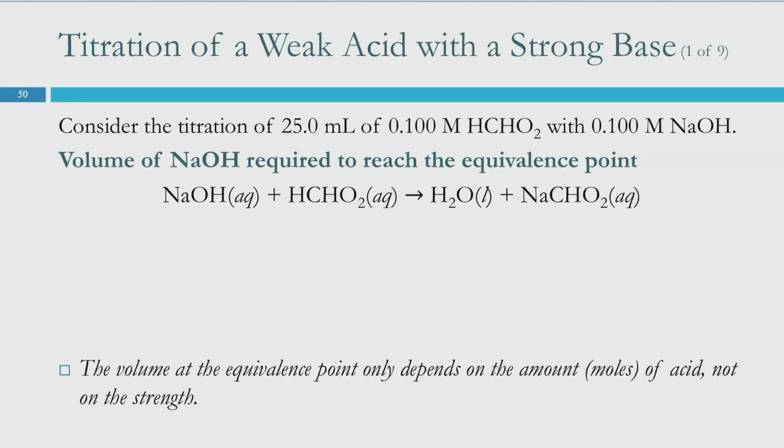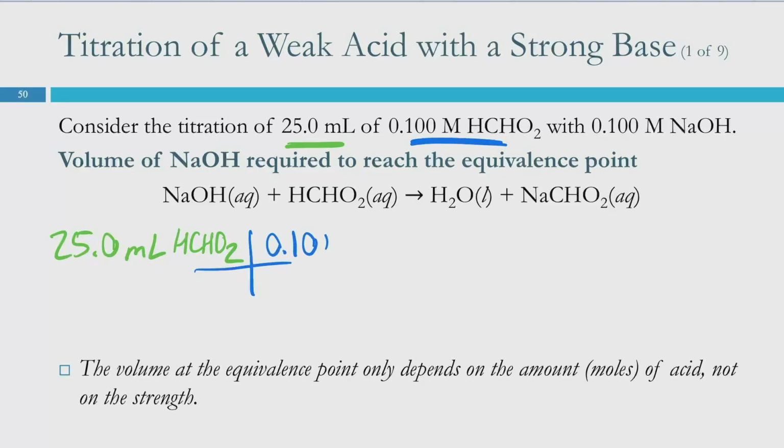To reach our equivalence point, starting with 25.0 milliliters HCHO2, we can convert that using our concentration. So 0.100 millimoles per milliliter.